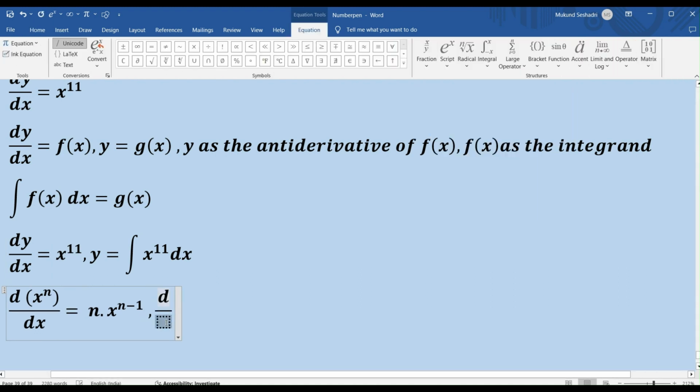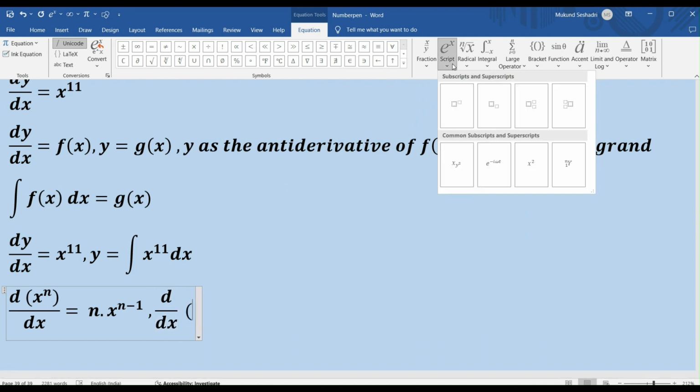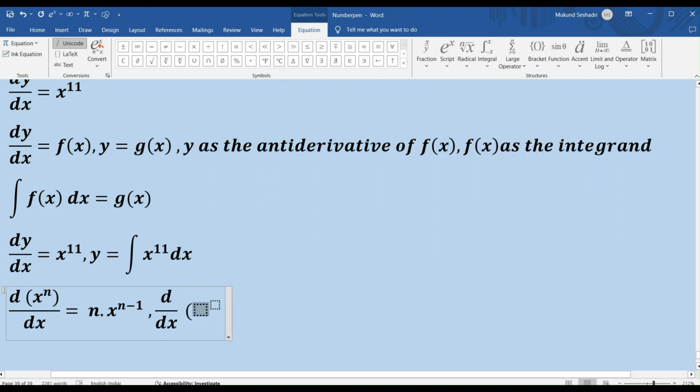d by dx of x to the power n divided by n equals x to the power n minus 1. And then I also want you to remember that the d by dx of any function, whenever the function is a constant, is zero, right? So for my dy by dx equal to x to the power 11, I can have many antiderivatives.